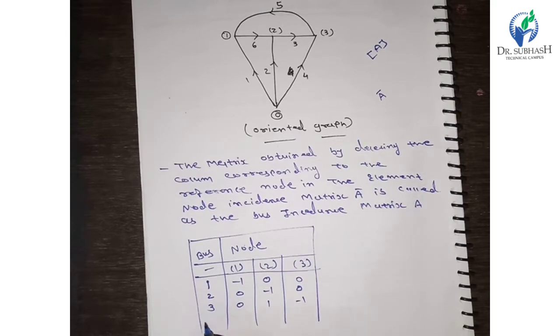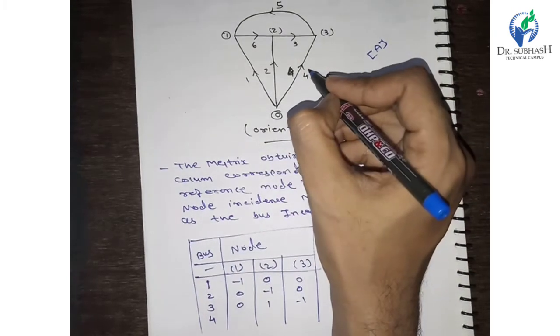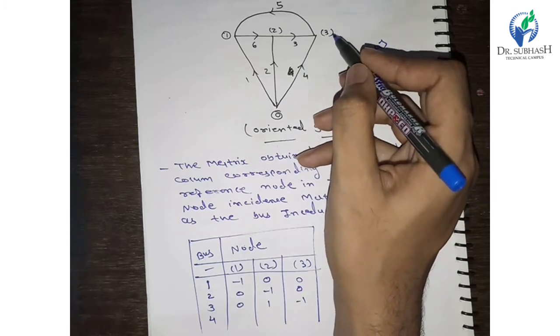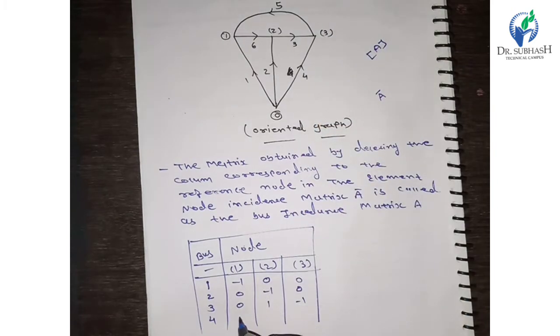When we take bus number 4, in the same way, bus 4 is connected between node 0 and node 3. So in node 1 there is no connection, so the value is 0. In node 2 it is also not connected, so the value is also 0. In node 3 the value is -1.